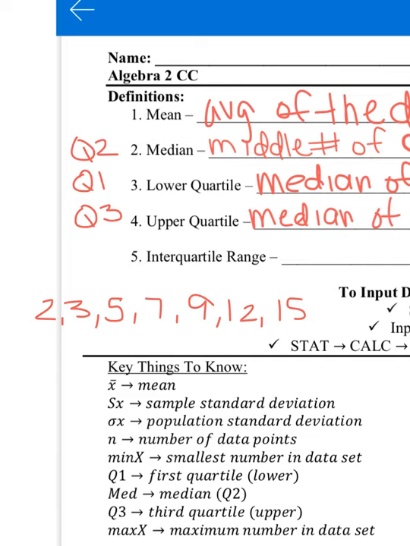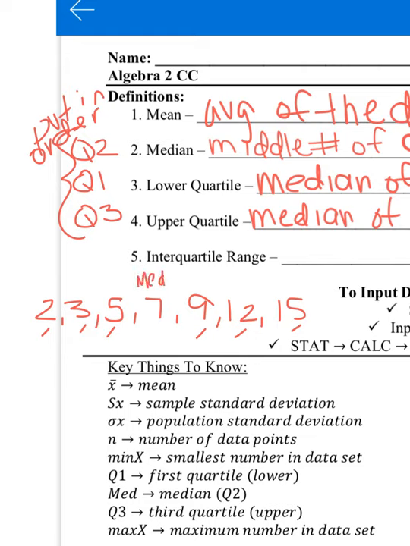As you're going through, it's important to note too that for these 3, the median, the lower quartile, and the upper quartile, the numbers have to be put in order if you're doing it by hand. So if you look at the numbers that I just listed out, they are in numerical order, right? So to find the median, you would go through. So this gets checked off, and this is your median right here.